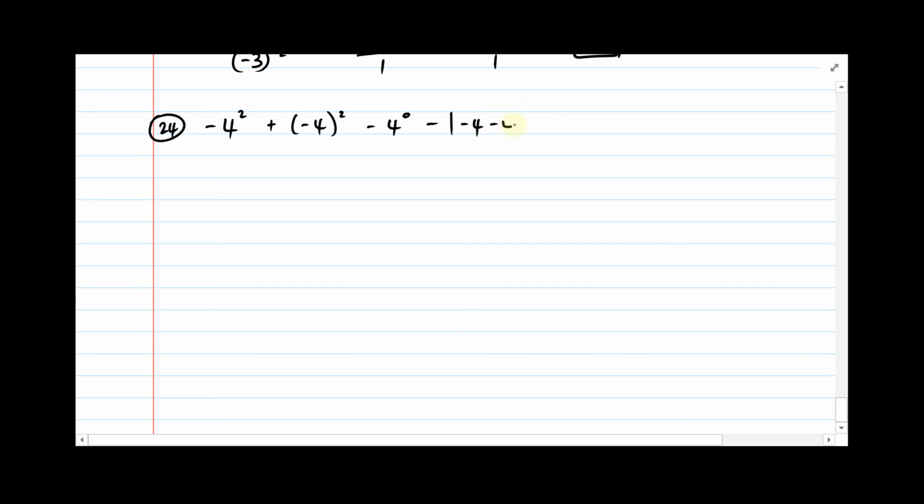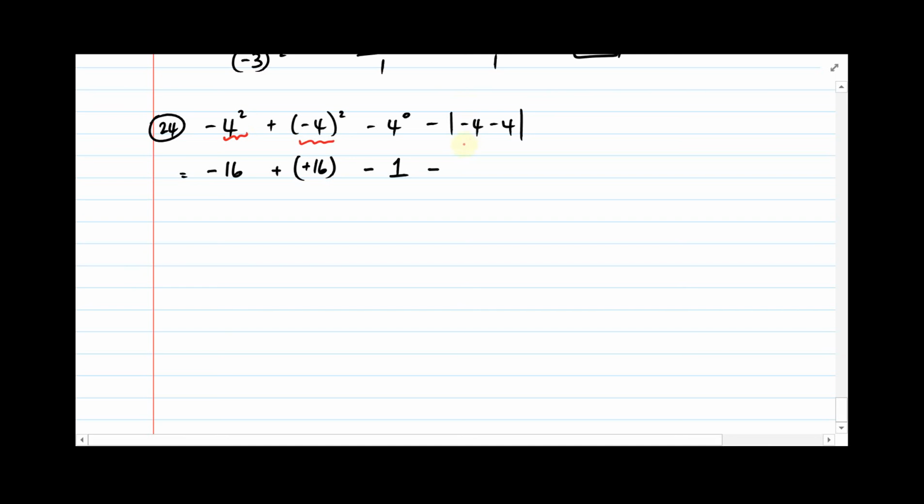Or modulus. Alright. So if we worked on this, since the term being squared is only the 4, this would end up being negative 16, while everything here is being squared. This is positive 16. Okay? Let me write it. So positive 16. 4 to the 0 is 1.